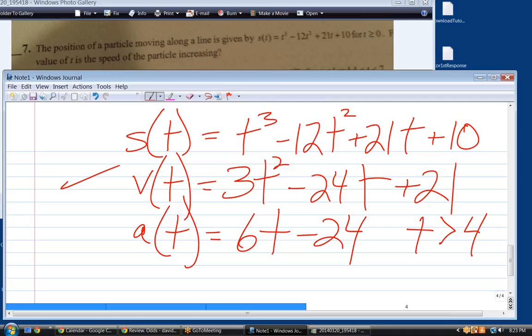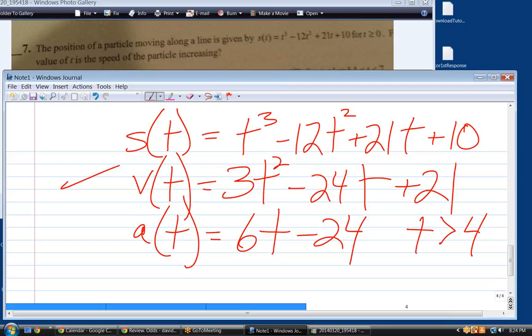This always confuses my brain. Doesn't it have to be like velocity and acceleration have to be the same sign? Yes, that's the answer. Velocity and acceleration have to be the same sign. In other words, if velocity is going to the left and negative, and acceleration is going to the left, it's speeding up. I think.